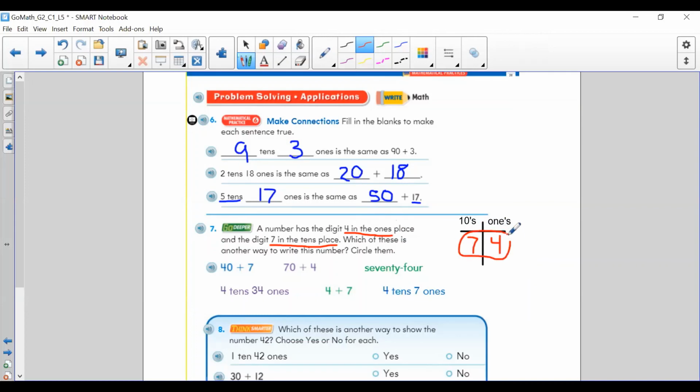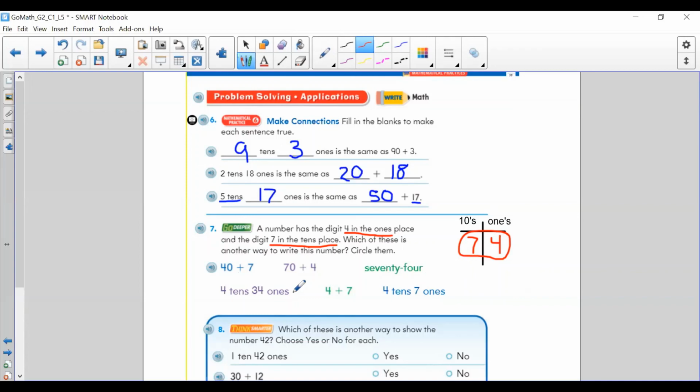Now, if you look at this number right here, this number with 7 tens and 4 ones, I bet you know what number that is. Do you think that number is 40 plus 7? That would be 47. 70 plus 4, that would be 74. And this says 74. Do you think it would be 4 tens and 34 ones?